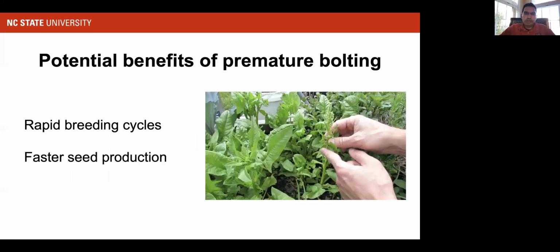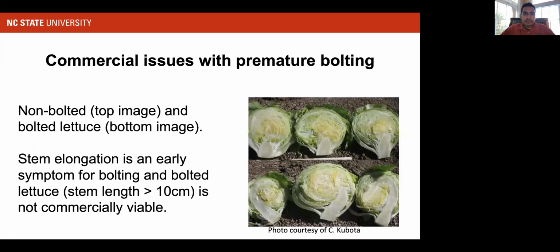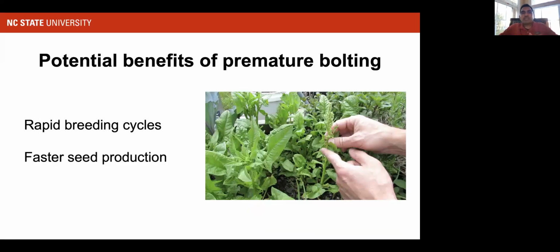Or you may be interested in rapid breeding cycles or faster seed production. Then it is more important to actually increase or decrease the time to reach that bolting stage. Now we know that bolting in lettuce is mainly controlled by temperature and secondarily by photoperiod. Lettuce is considered a quantitative long day plant.